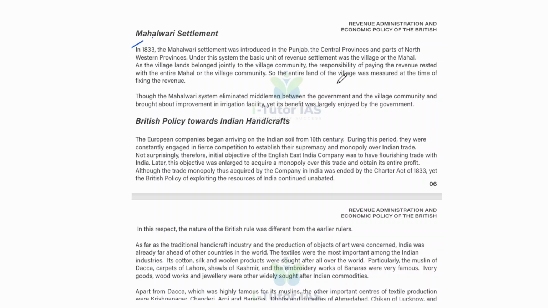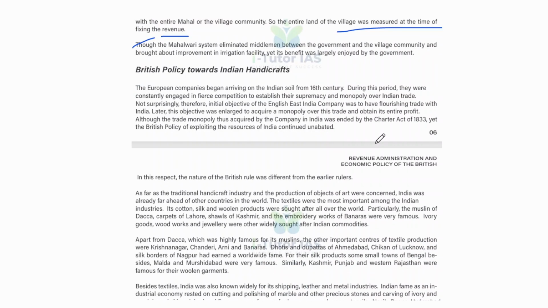So the entire land of the village was measured at the time of fixing the revenue. And though the Mahalwari system eliminated middlemen between the government and the village community and brought about improvement in irrigation facility, yet its benefit was largely enjoyed by the government.